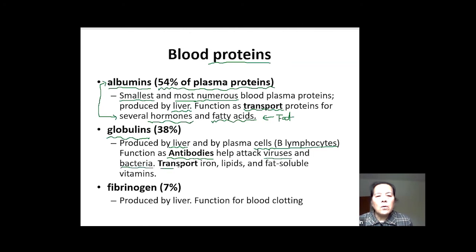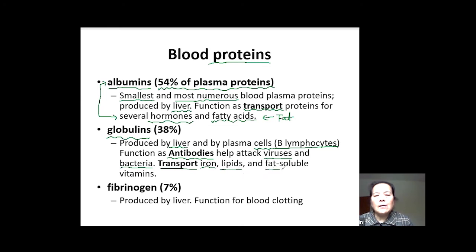They also perform some transport functions, but they mainly transport iron, lipase. Yeah, lipase still belongs to fat.